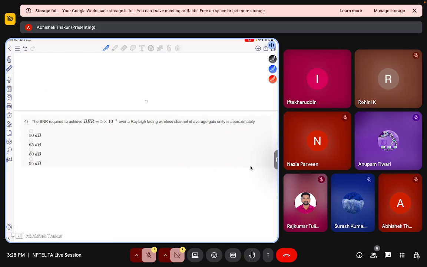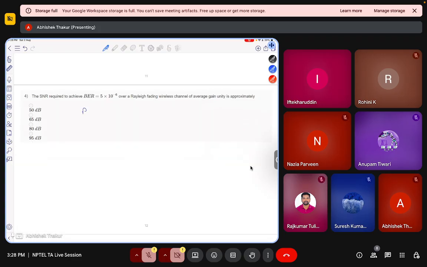The SNR required to achieve a bit error rate of 5 into 10 to the power of minus 6 over a Rayleigh fading wireless channel of average gain unity is approximately. So as we have seen, the bit error rate of a Rayleigh fading wireless channel is approximately equal to 1 by 2 SNR.